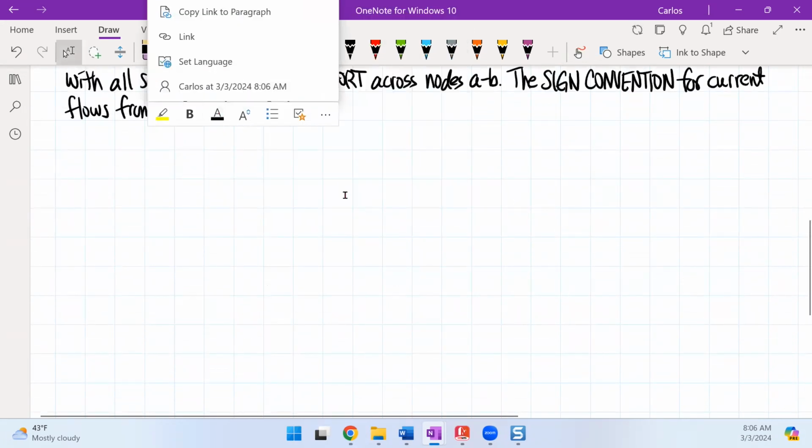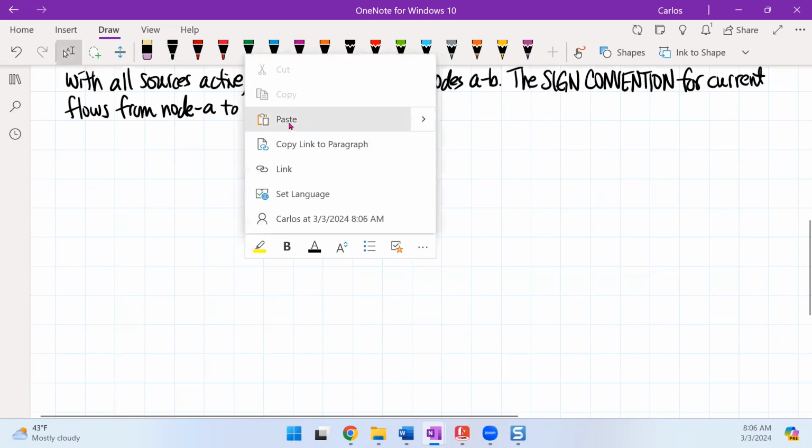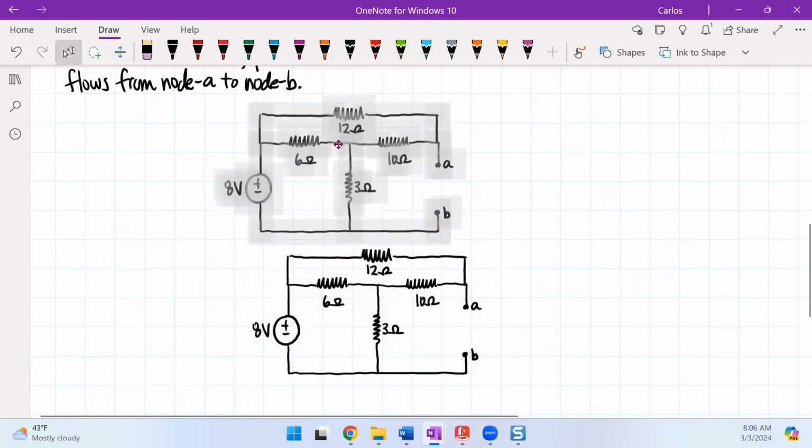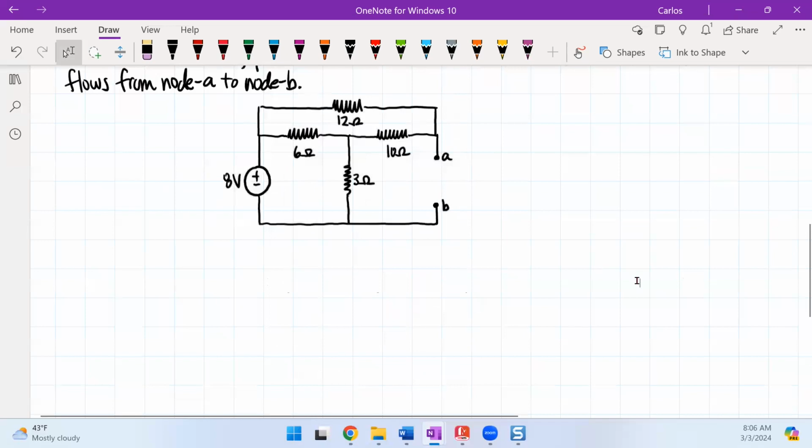So let me paste that. And then here's my circuit. So now I'm going to place a short, and the whole goal is to calculate this current, which is I short circuit between these two nodes. Again, look at the sign convention. It doesn't go from B to A, it goes from A to B.